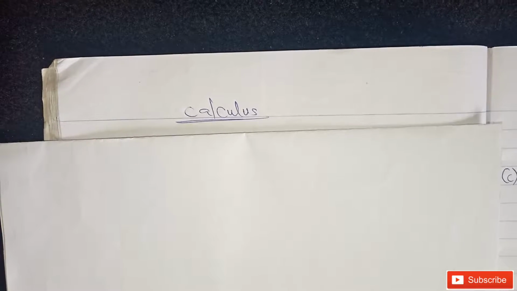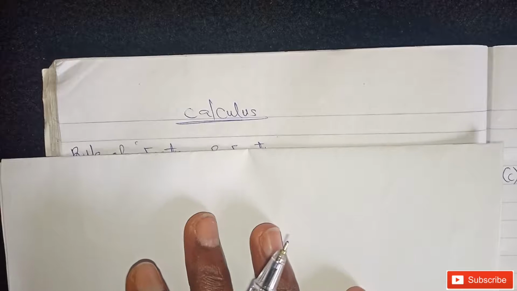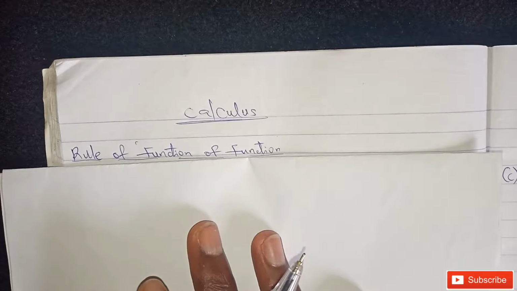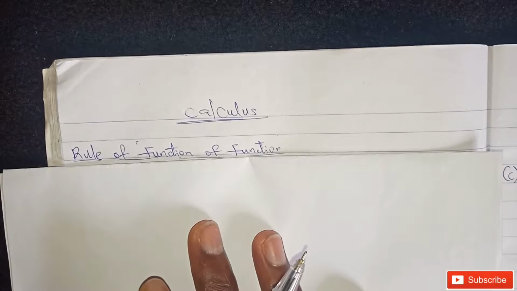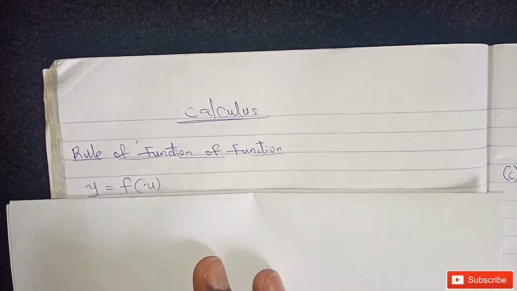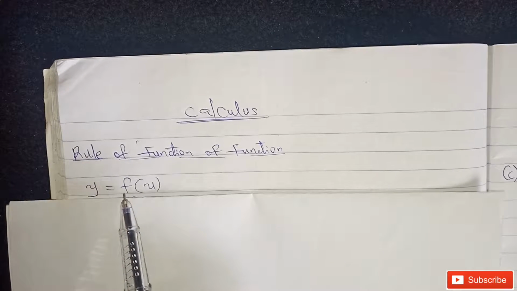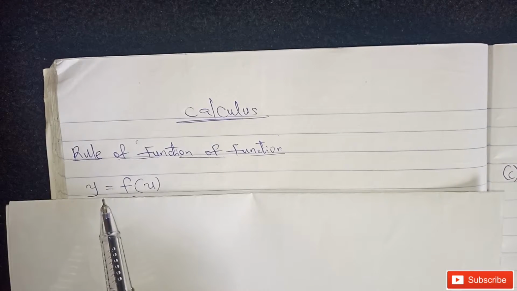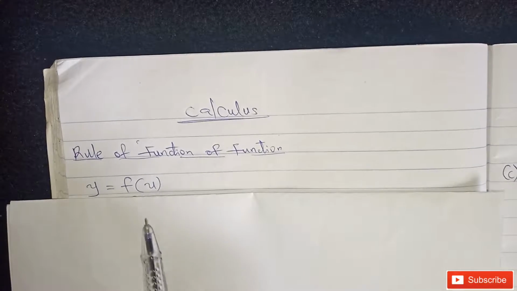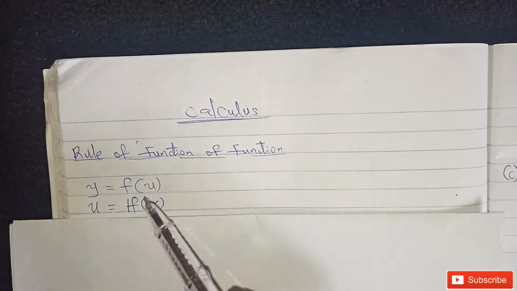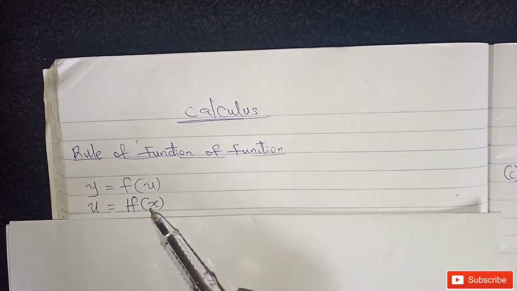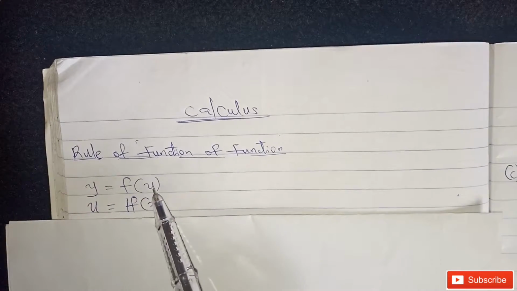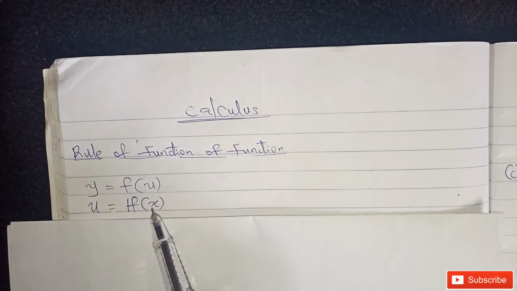In the last video we talked about the chain rule, the rule of function of a function, and we saw that if we have a function y equal to f of u, that means y is a function of u, and also u itself is a function of x. So if y is f of u, then u is h of x.